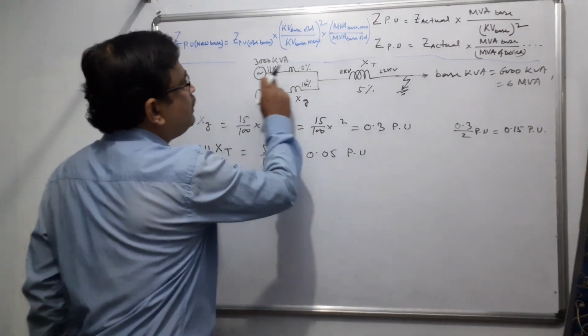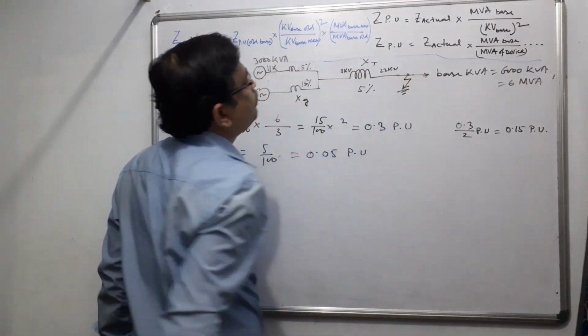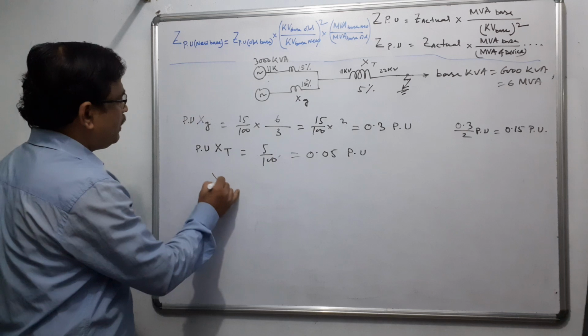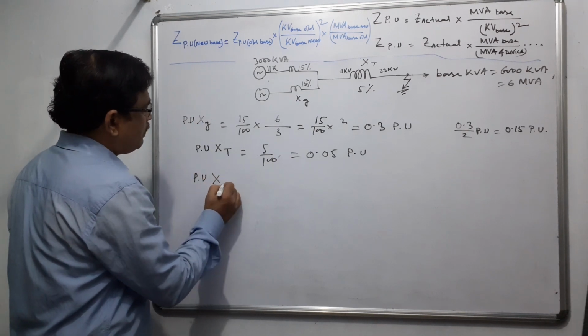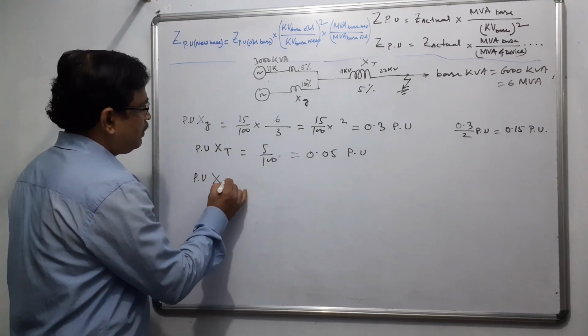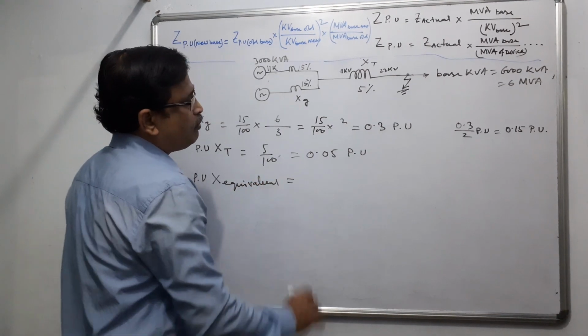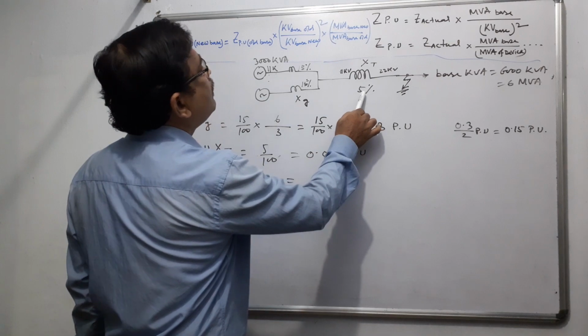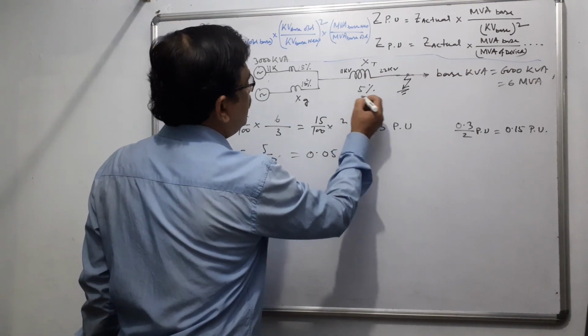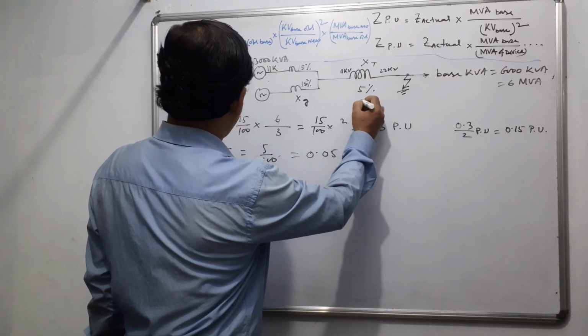So for the entire network, for a fault up to here, what is the equivalent reactance?